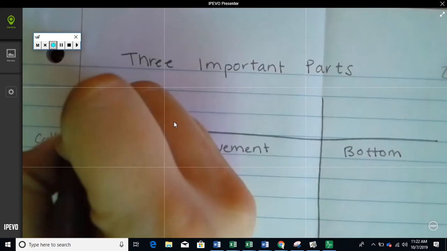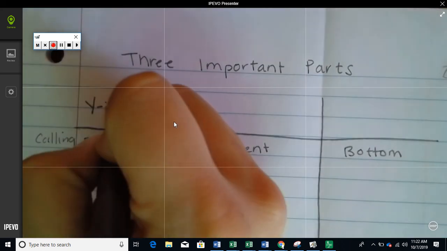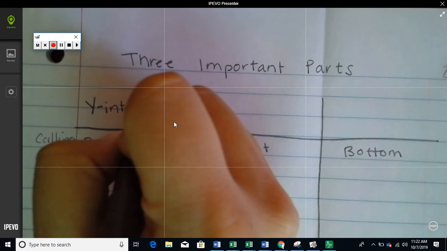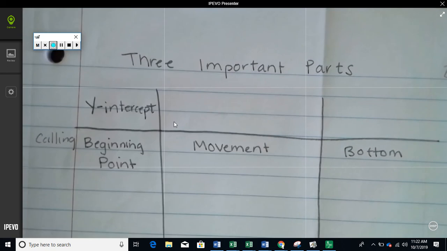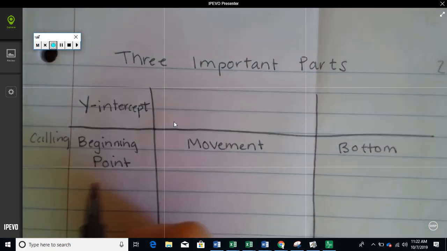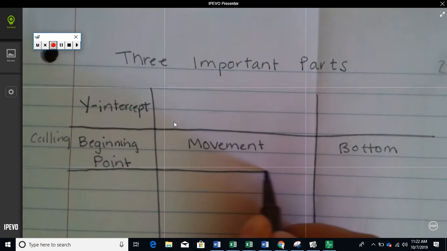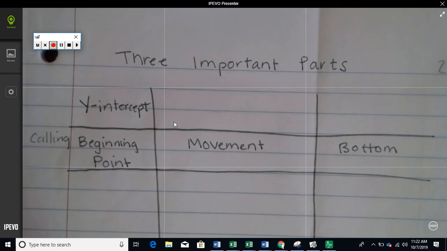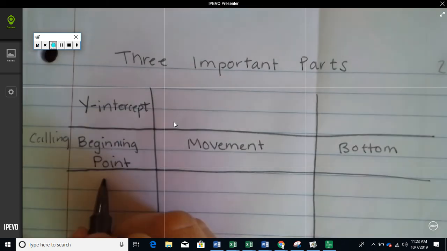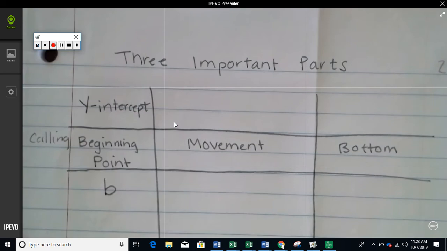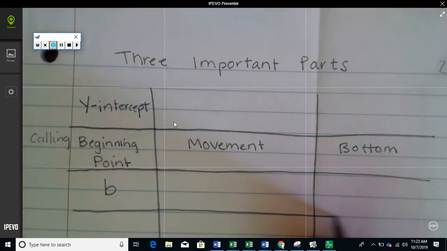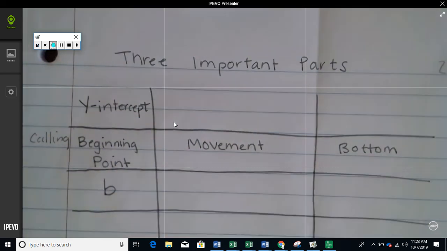The y-intercept. That's the math word that we have. It's the y-intercept. What we've been calling it is the beginning point. The symbol for it is a B, a letter B. And when you see it in formulas, it's going to be the letter B.